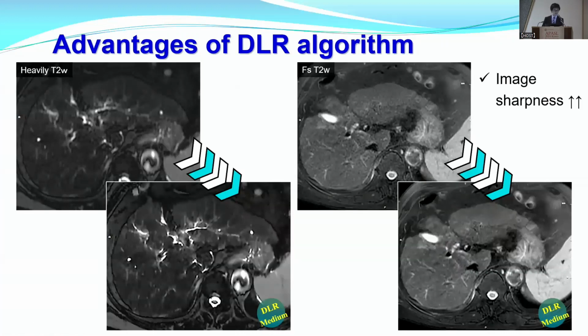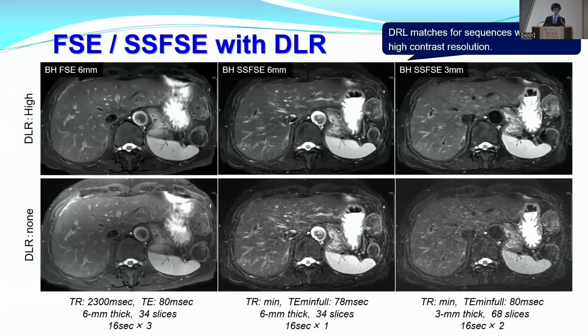This is the main advantage of the deep learning reconstruction algorithm for MRI. Deep learning reconstruction is highly suited to sequences with relatively higher contrast resolution. Therefore, T2 weighted images are ideal sequences for applying deep learning reconstruction.